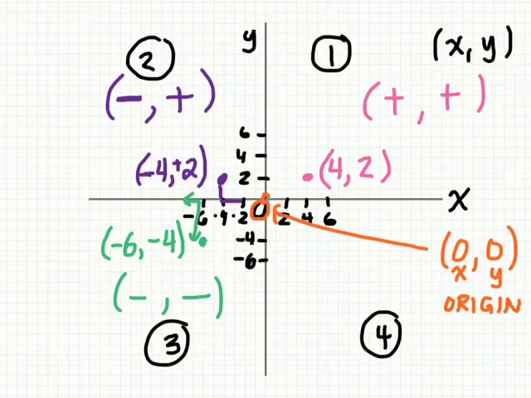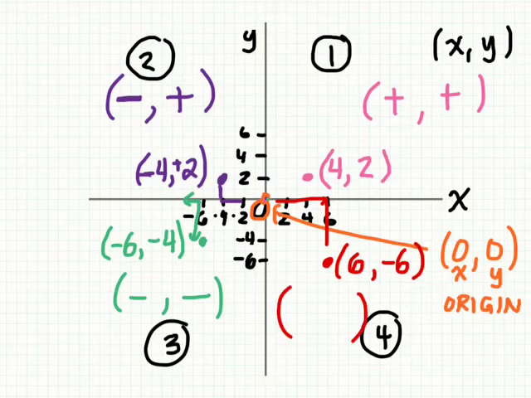A point we would find in quadrant 4 would be positive 6 and then negative 6. That would be right here, positive 6, negative 6. So all coordinates in quadrant 4 would be what first? Positive and then negative, because we're going to the right and then down.